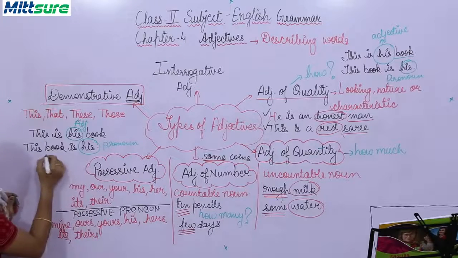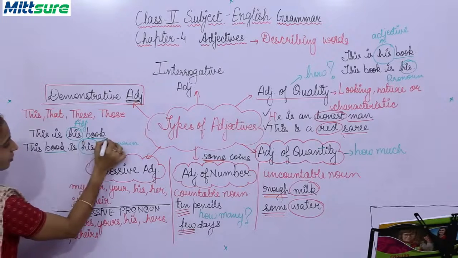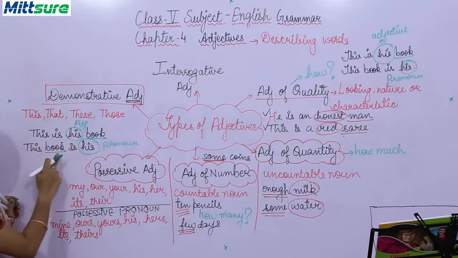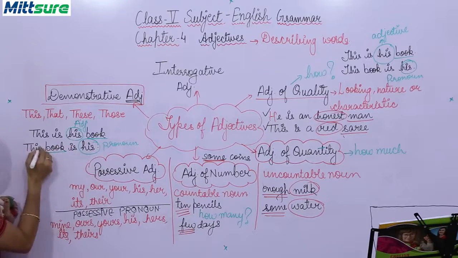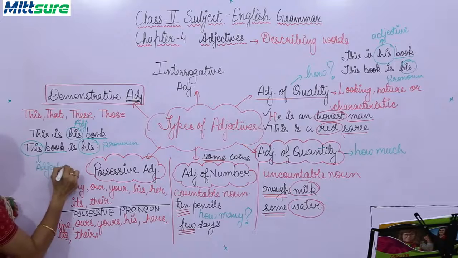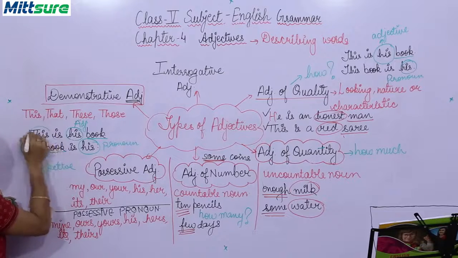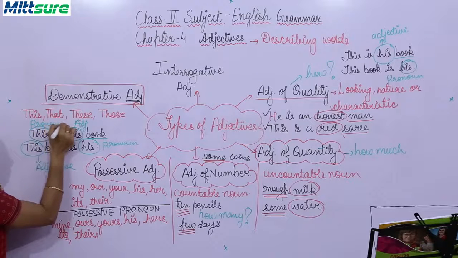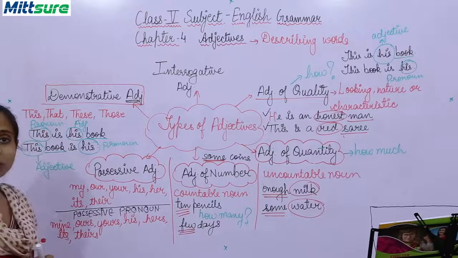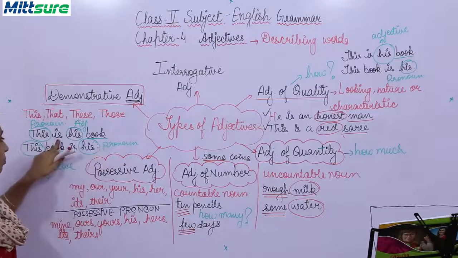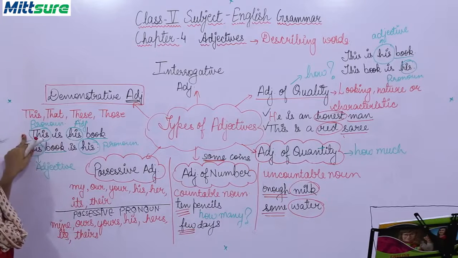In this sentence, the noun is book, and just before that, this one will be an adjective. And this one will be a pronoun. I told you, a pronoun either comes after the verb or before the verb.